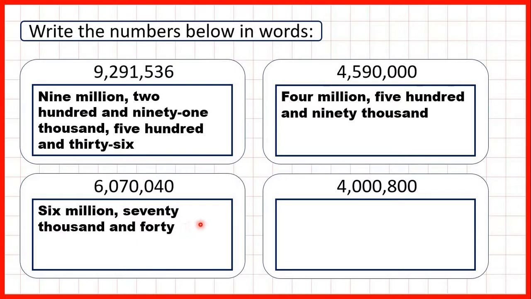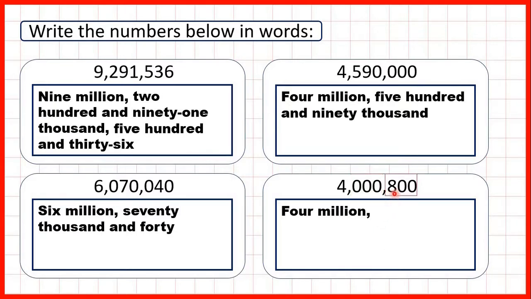Now here, before the first comma, we have a 4, so that's 4 million. And then we look at the next 3 digits, so the digits between the commas, because this tells us how many thousands we have. But here we have zeros in all 3 of our thousands digits. So we don't write the word thousand.